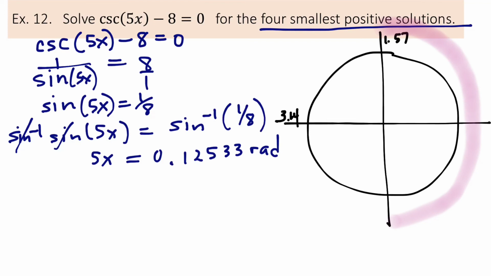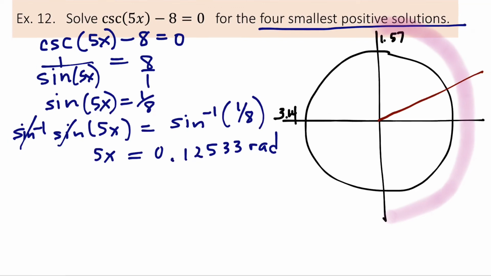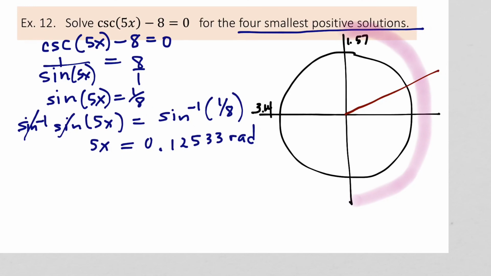So if pi over 2 is 1.57 radians, then that means 0.12533 radians is going to be somewhere lower, about right there maybe. So let's write that on there. This is 0.12533 radians. Right, so that's this angle here.